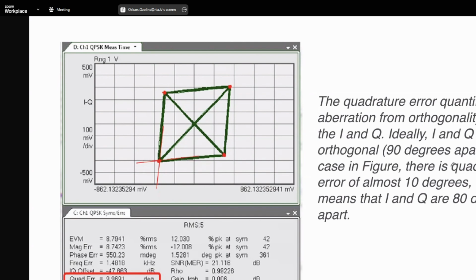Ideally, you should have 90 degrees between I and Q, but sometimes there's, for example, a 10-degree error, and then you see the constellation looks like this shape. This also happens while you're still tuning the biases of the modulators. That could happen.